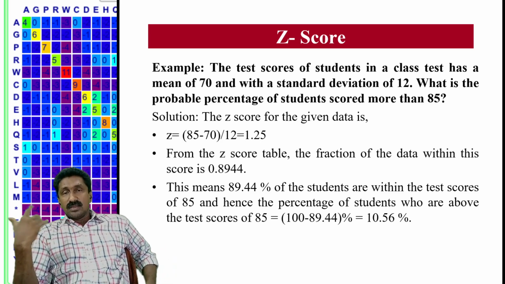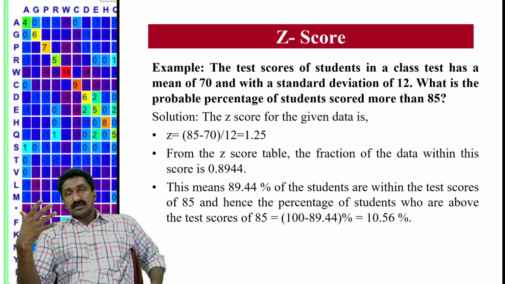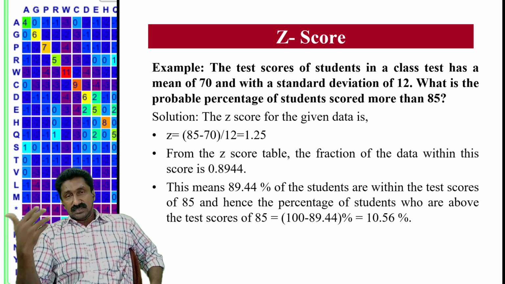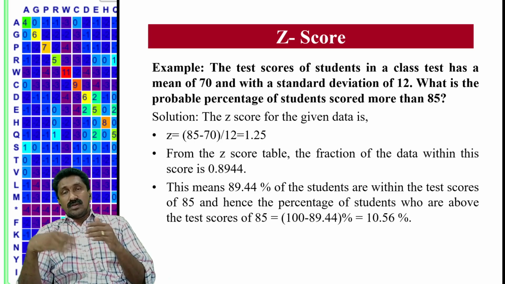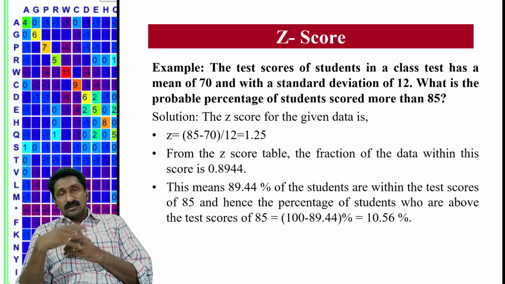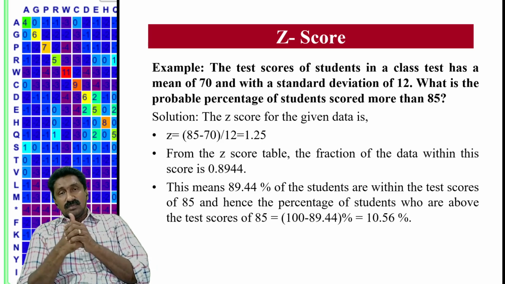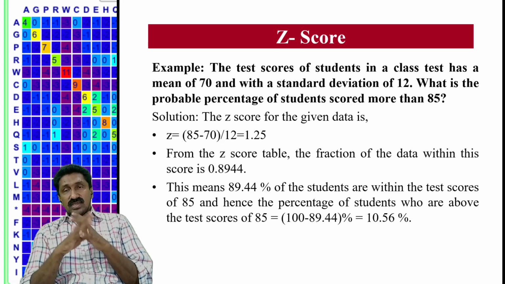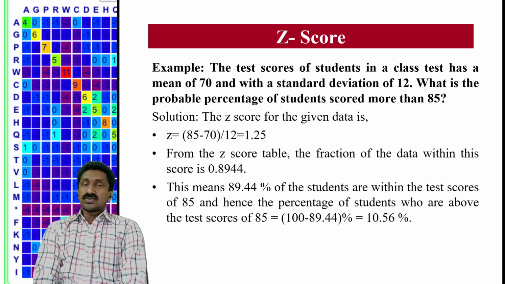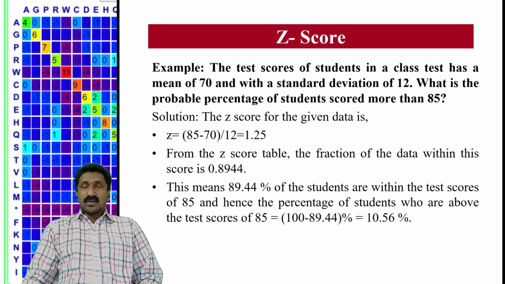For every scenario, you can calculate the probable score, which can be extracted from a mean value and a standard deviation. You can calculate the z-score, and this is how it is done.